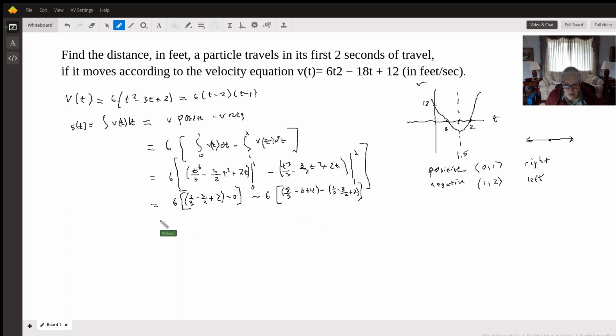Okay, now we just have to deal with some fractions here. So it's going to be 6. This is going to come out to 5/6, because this is 2/6 minus 9/6 plus 12/6. It's going to give you 5/6 minus 0, minus 6 times, you just work your fractions, you're going to get 4/6 minus 5/6.